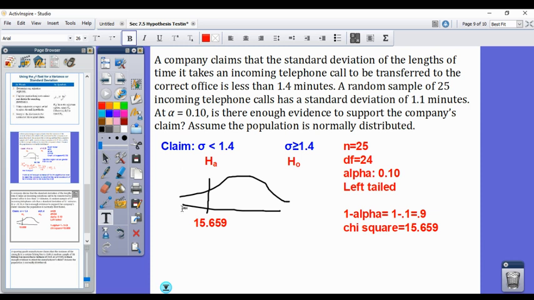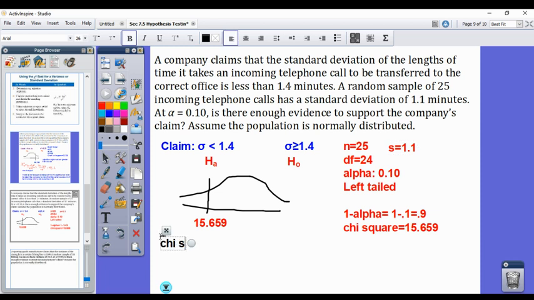All right, so let's go ahead and, oh, I didn't write down my standard deviation. 1.1. Let's go ahead and we'll write down our formula. Let me see how I wanna do this. I'm gonna try to type it.